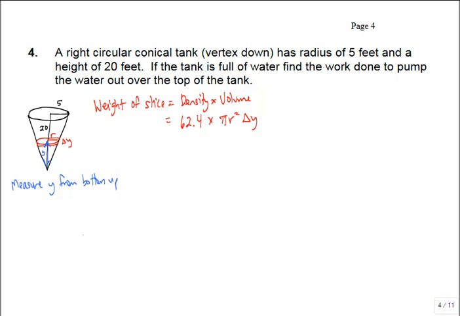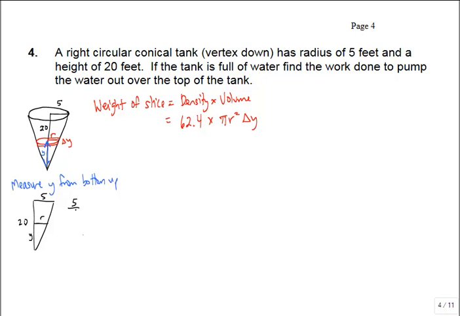Now if I do that, I can figure out a relationship between this radius r and this height y using similar triangles. Because what we have here is the big radius 5 and the big height 20, and nested within that is our smaller triangle, which has a radius r and a height y. Using similar triangles, I can set up a proportion.